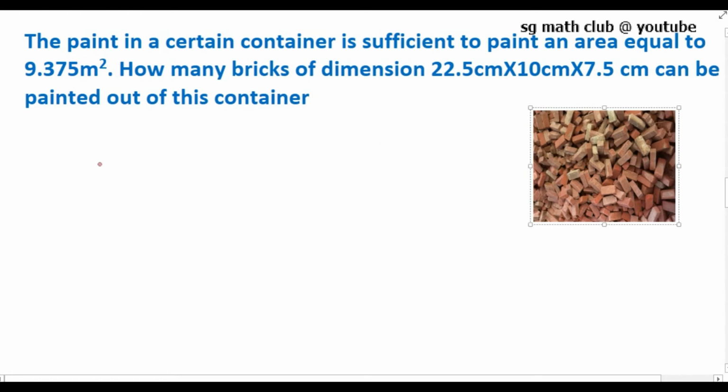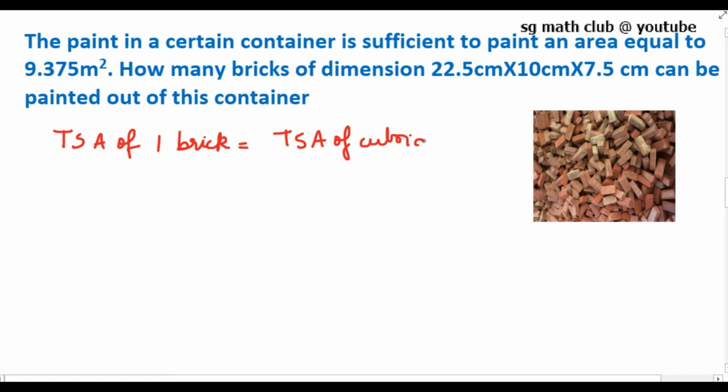So first we need to find out the area of one brick, that is the total surface area, TSA, of one brick. Total surface area of one brick is nothing but TSA of cuboid, since the brick is in the shape of a cuboid.